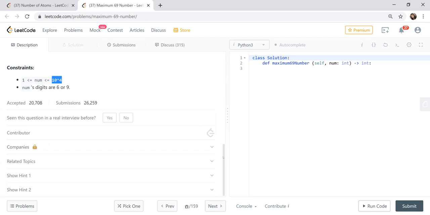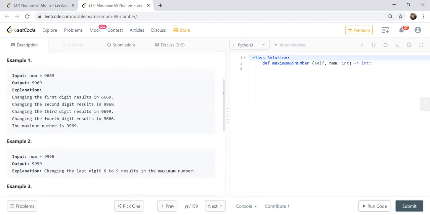The numbers contain only 6 and 9. So for example, this 9669. If we change the first digit 9 to 6, it will be 6669. If we change this 9 to 6, it will be 9669, which is small.